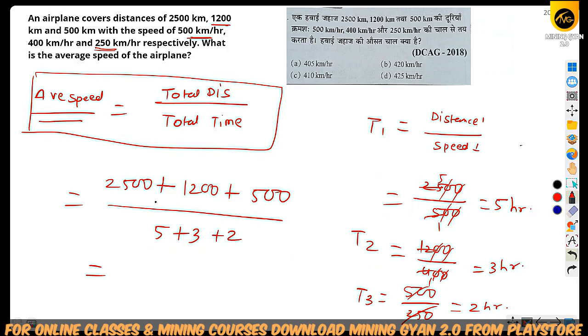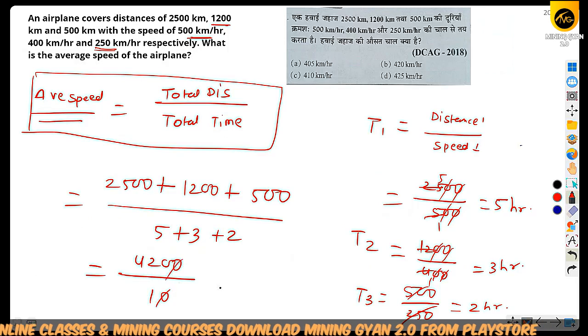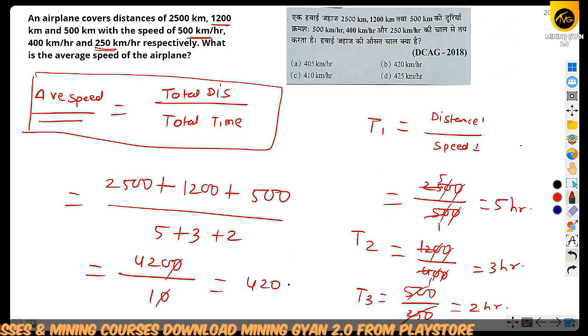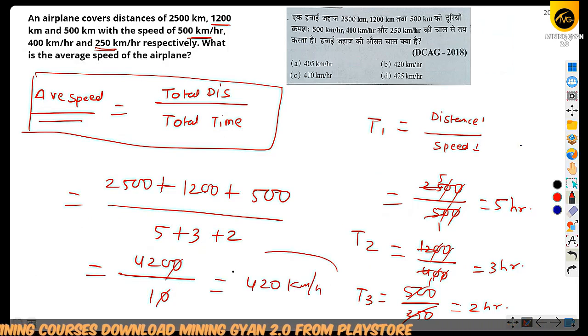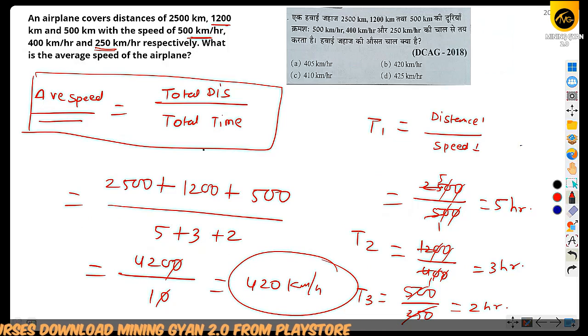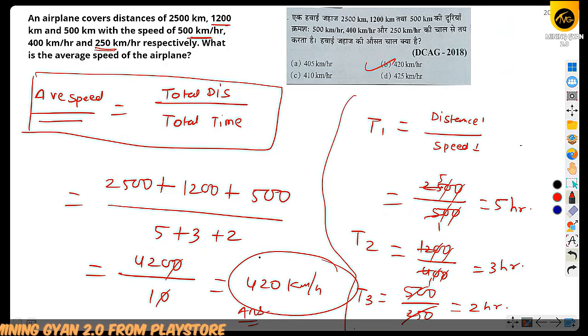So it will be 4200, and the whole divided by 10. So it will be 420 kilometer per hour. That is the average speed of the aeroplane. So the answer will be option B.